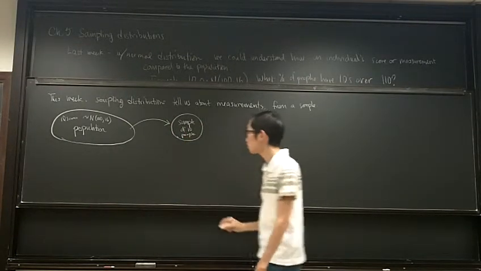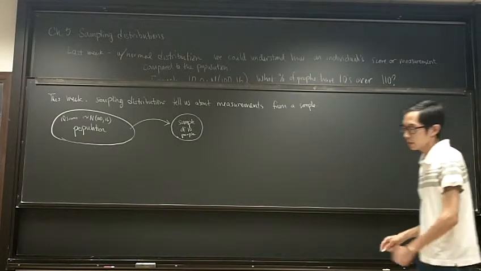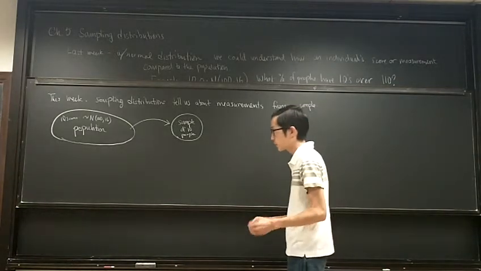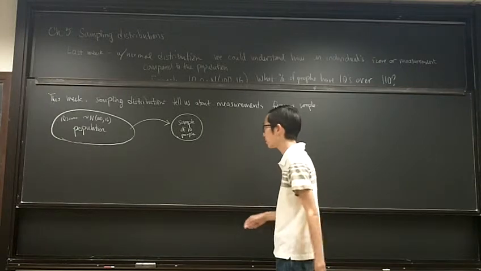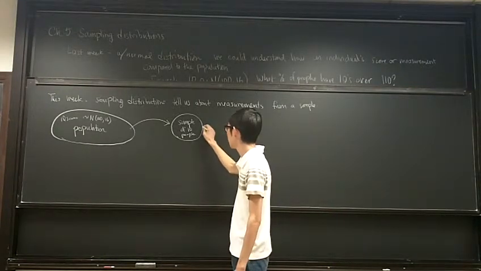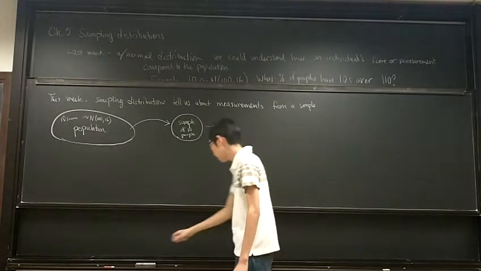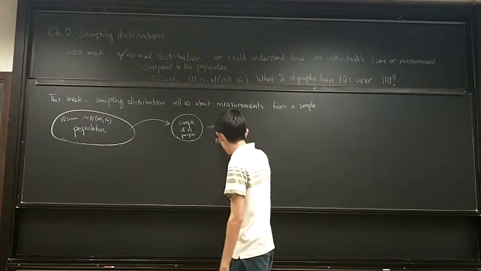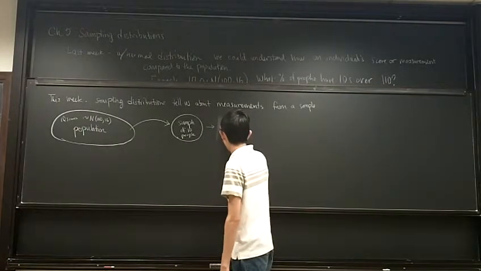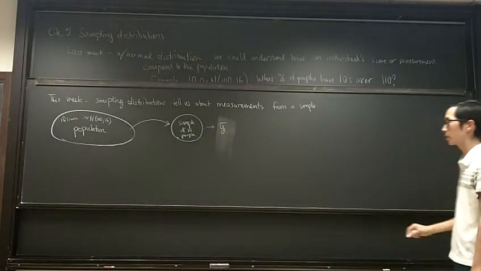These are 10 people taken from the population, and we figure out everyone's IQ. And from this, I just say that the mean of this sample, I get an x bar or a y bar. Let's call this y bar. So this is the mean of a sample.